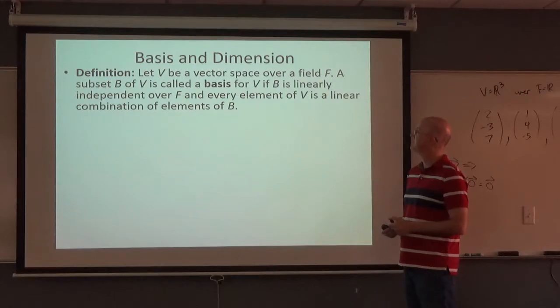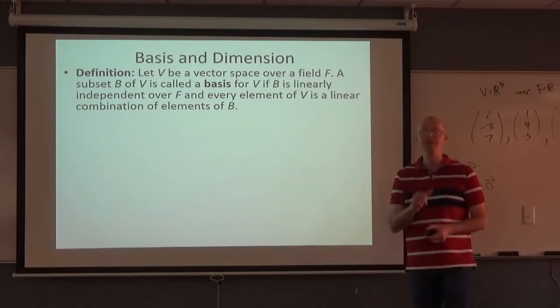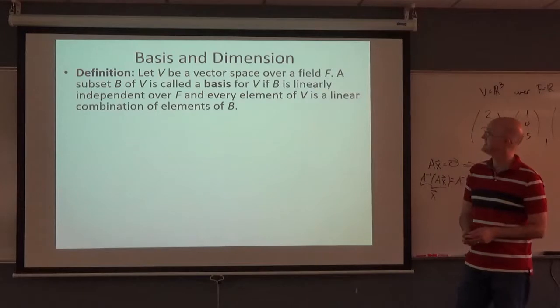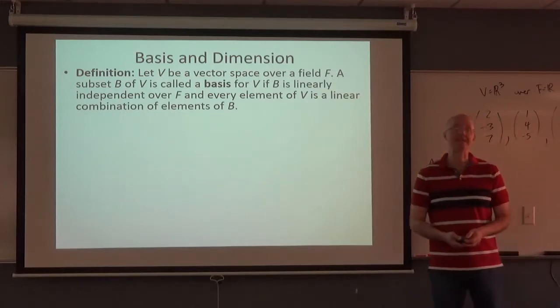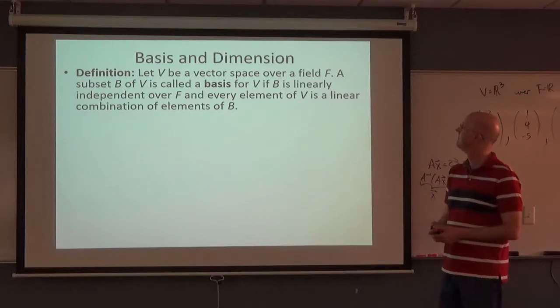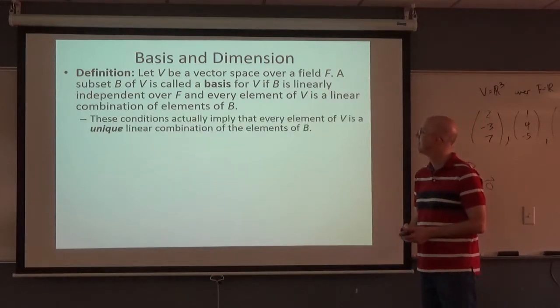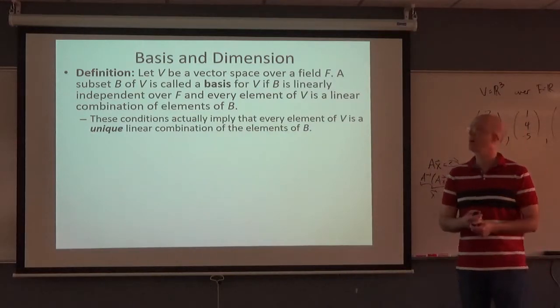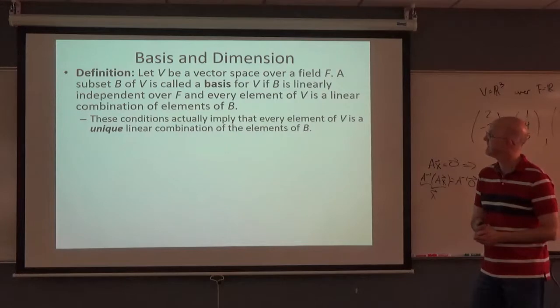A subset B of V is called a basis for V if B satisfies two conditions: it's a linearly independent set over F. And furthermore, every element of V is a linear combination of elements in B. It spans the vector space. These conditions actually are enough to imply that every element of V is a unique linear combination of the elements of the basis.